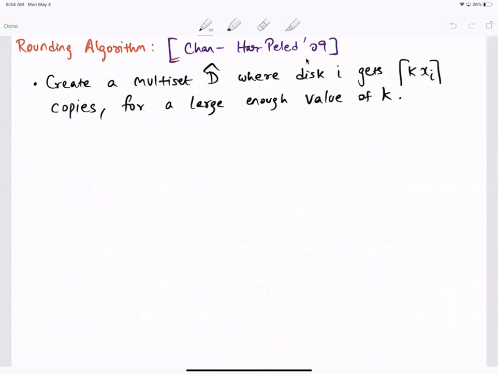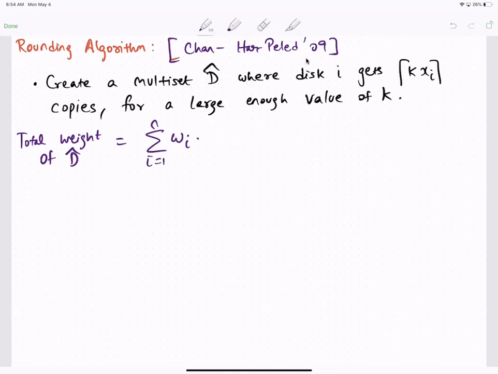Let's do some simple calculations. Now what's the total weight of all the disks in this D prime? It's the sum from i equal to 1 to n.